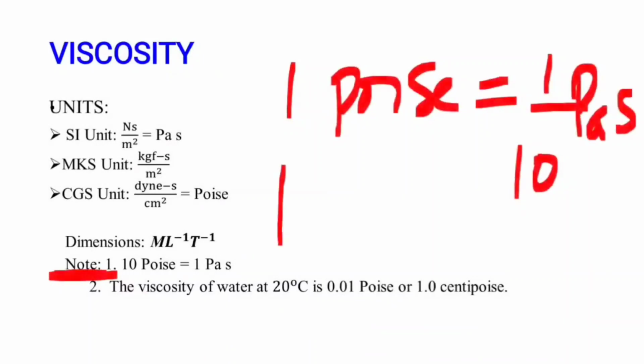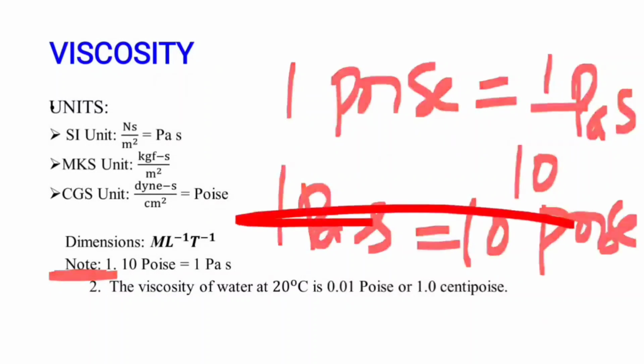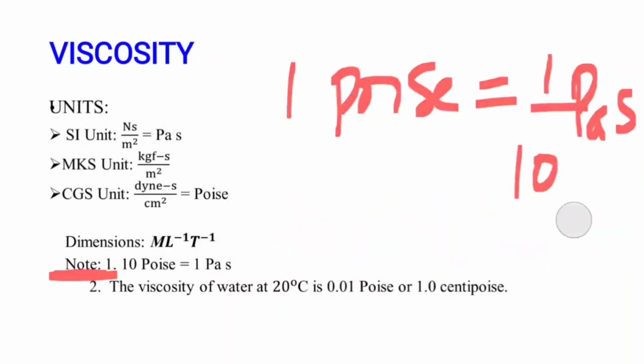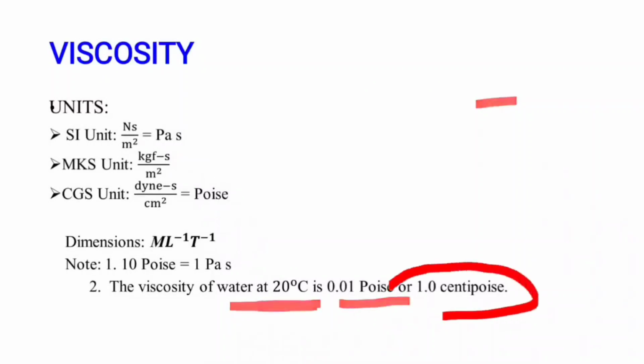So 1 Pascal second is equal to 10 poise. The second point is the viscosity of water at 20 degrees Celsius is 0.01 poise or 1 centipoise.